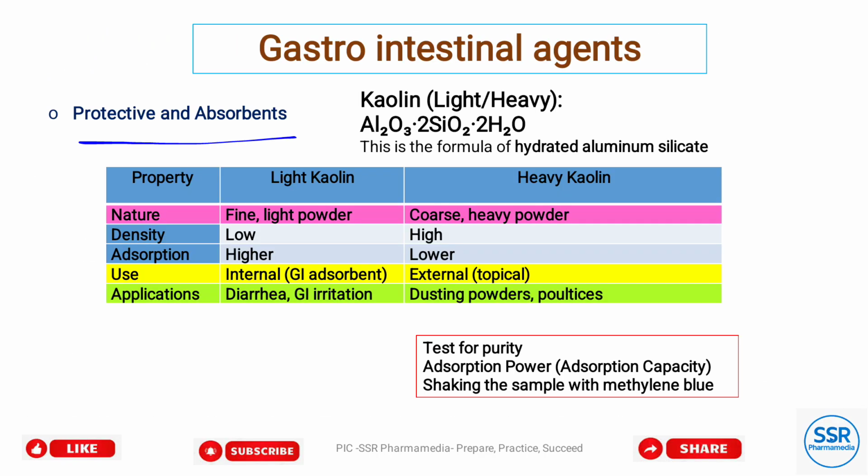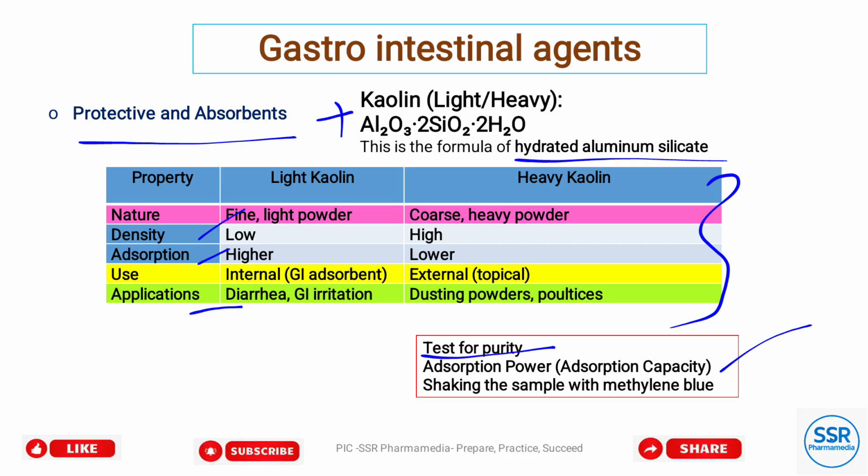Next is the protective and adsorbent kaolin. Light and heavy kaolins are there. Kaolin is hydrated aluminum silicate. Nature and density, absorption and applications, you read by taking this slide as a screenshot. Test for purity is very important.